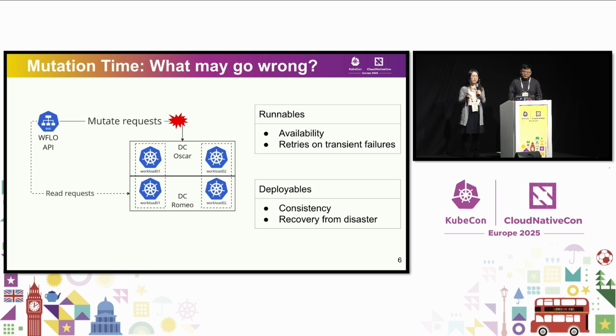There can be more feature requests that require more sophisticated logic. For deployables, the consistency is the top concern. How can we guarantee the consistency at change time and going forward? For example, if the cluster was put down or gets rebuilt, how can we grab the original expected resource from somewhere else?